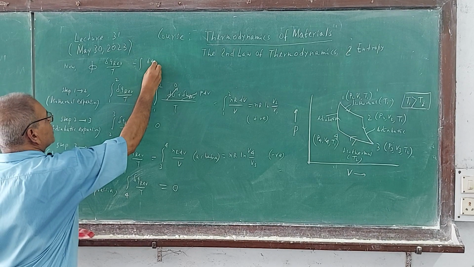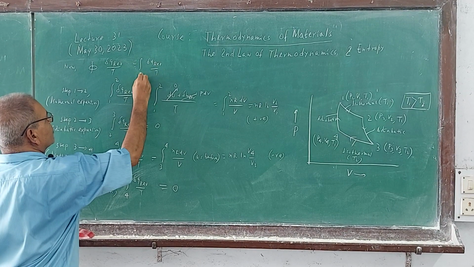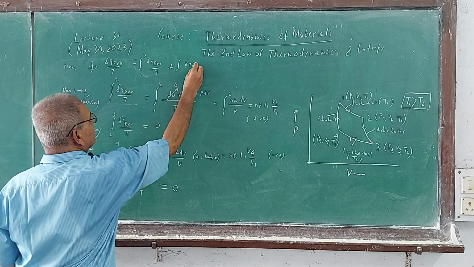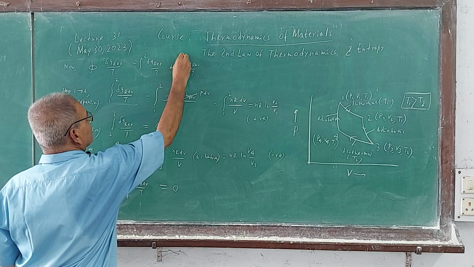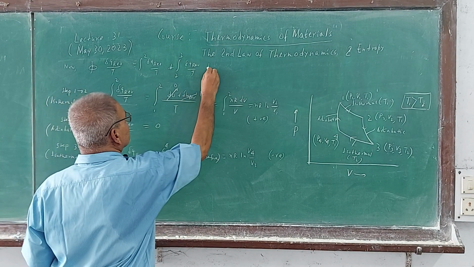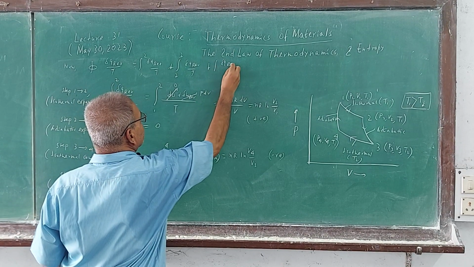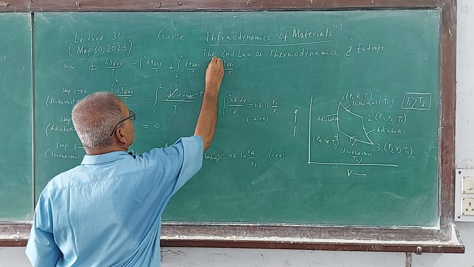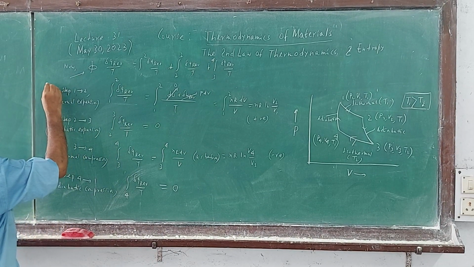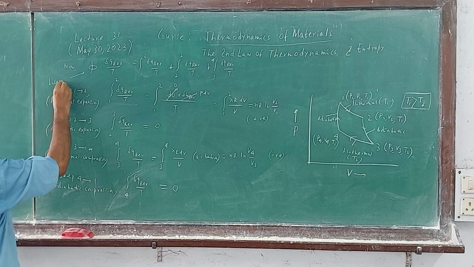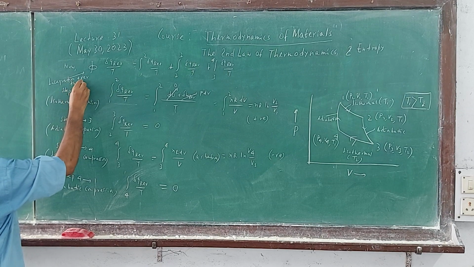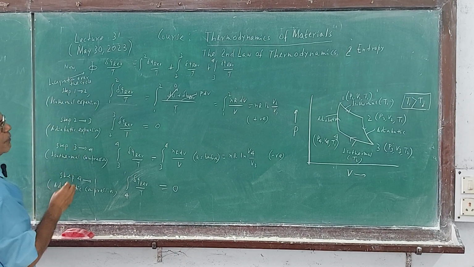Integration dq reversible by T from 1 to 2, plus from 2 to 3, plus from 3 to 4, and last, from 4 to 1, over the cycle 1, 2, 3, 4, 1.